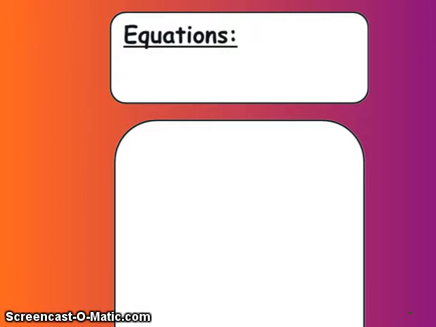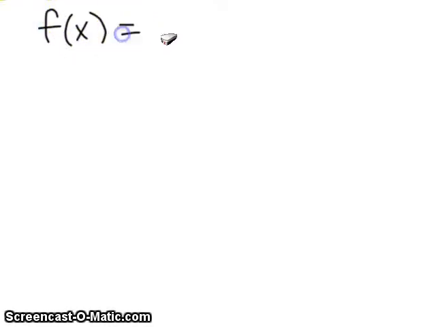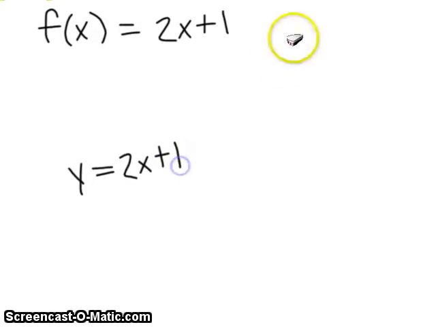Before we do equations, just a really quick teaching moment. If we have a function that looks like this, f of x equals 2x plus 1, that's another way of writing y equals 2x plus 1. This on the top is called function notation.